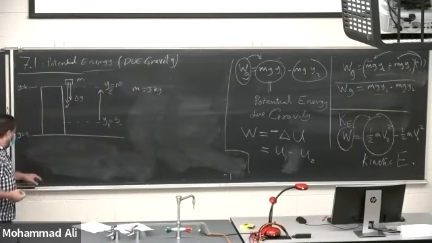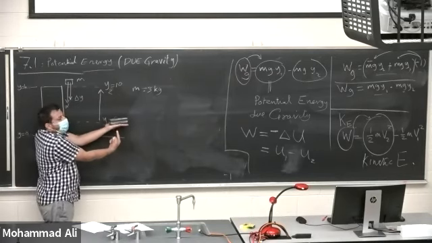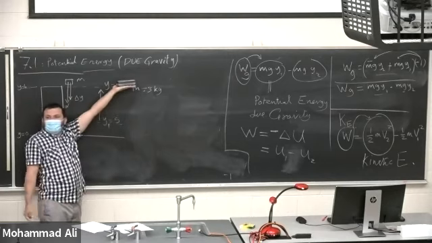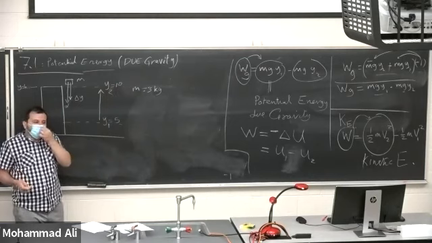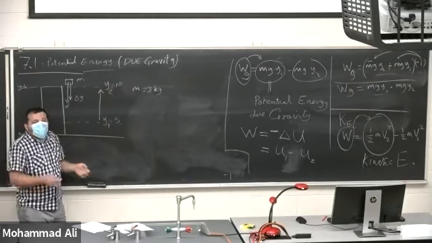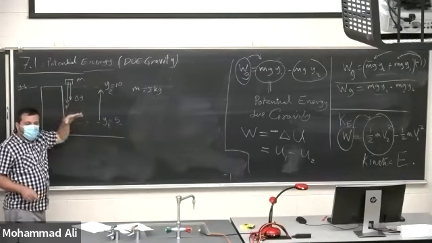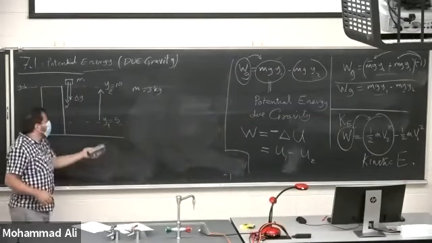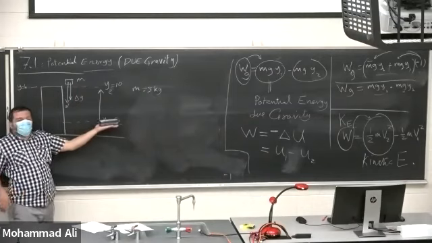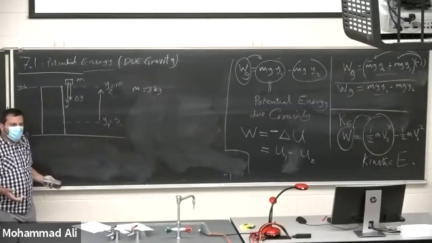To move this mass, I need to interact or do some work to lift it. But I'm asking about the gravity. The gravity in general, its work is downward. But if we force it to do its work upward in the opposite direction, then it will be a negative sign, and you will see that.